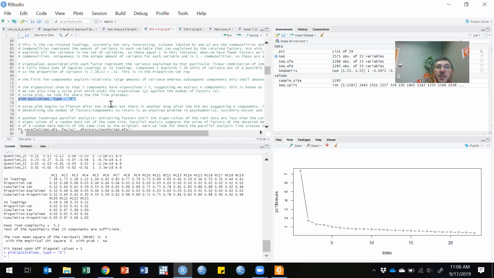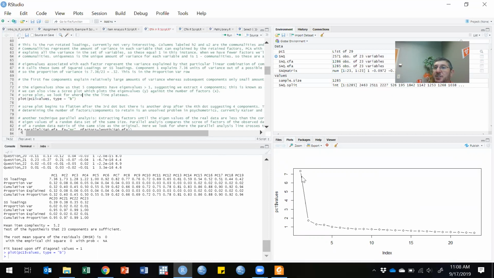We need to tell it to plot the values from our first principal component analysis that we call PC1. That's where it stores the eigenvalues. And then we want a line plot, type B.